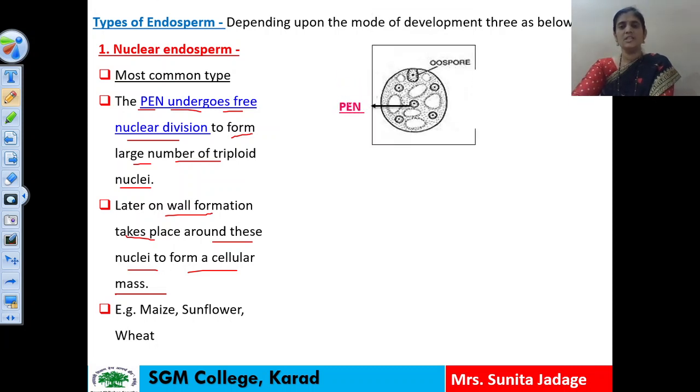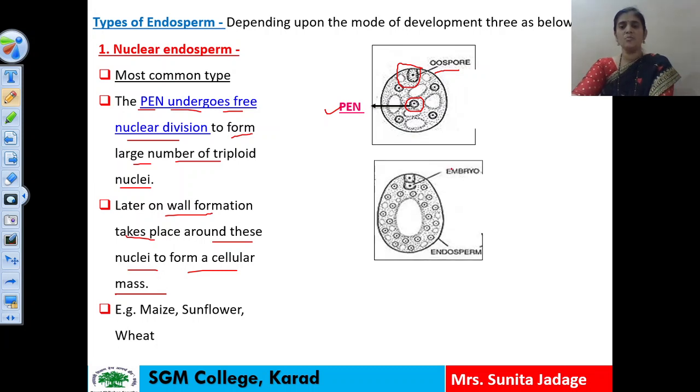First you can see this is the ovule, and inside the ovule this is the oospore, which we can also call the zygote, and this is the central primary endosperm nucleus. This primary endosperm nucleus divides mitotically, and a large number of nuclei form inside the ovule.